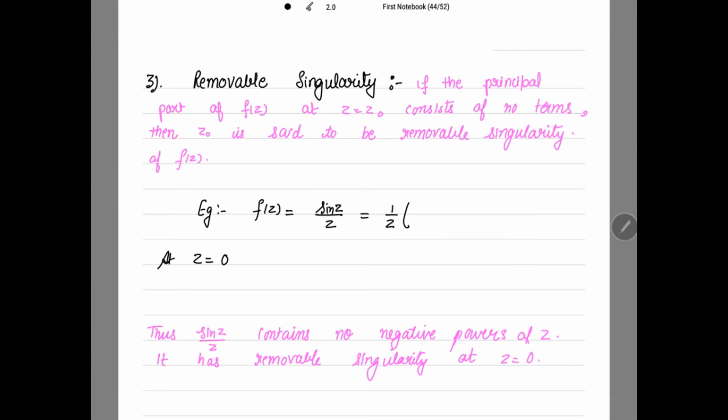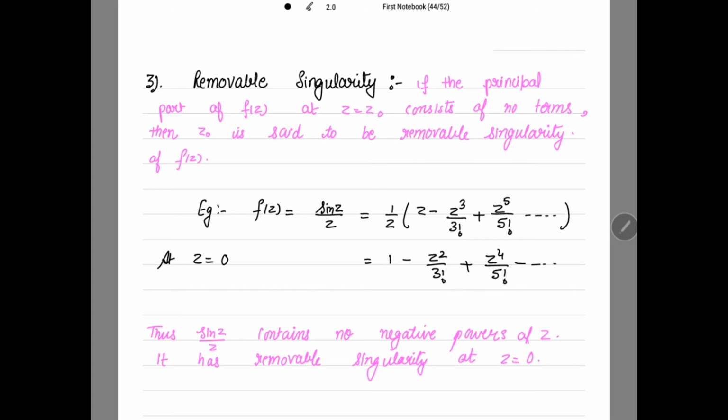Can I express sine z as z minus z cubed over 3 factorial plus z to the power 5 over 5 factorial? Yes, obviously. Multiplying 1 over z with each term, this will be 1 minus z squared over 3 factorial plus z to the 4 over 5 factorial, and so on.